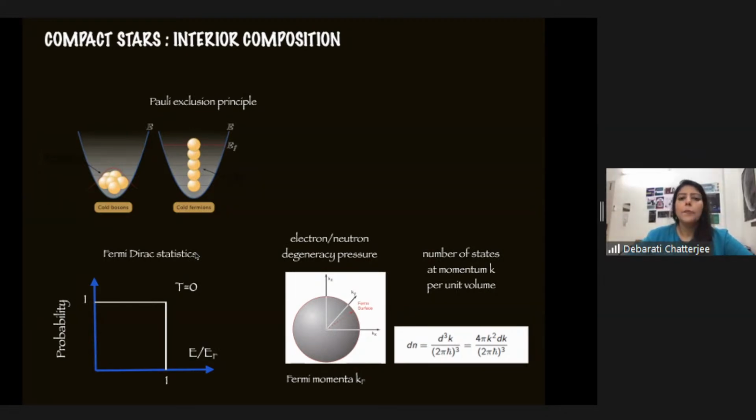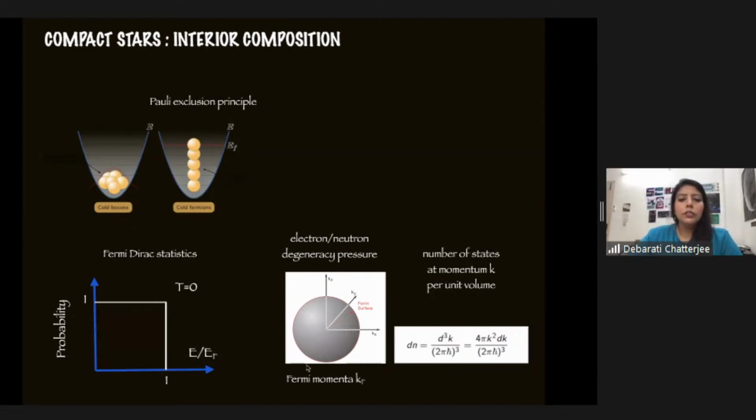That means that instead of other types of particles, like for example bosons, which can be at the ground state, fermions, since they don't want to be in the same energy state because of the Pauli exclusion principle, whenever you force these fermions into a certain energy level, they will always occupy higher and higher energy levels that are available up to the Fermi level.